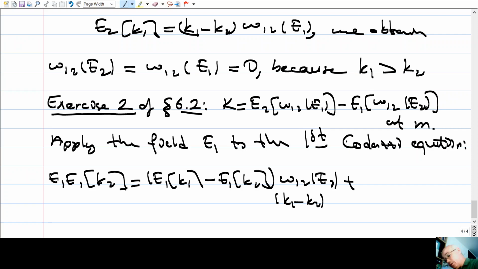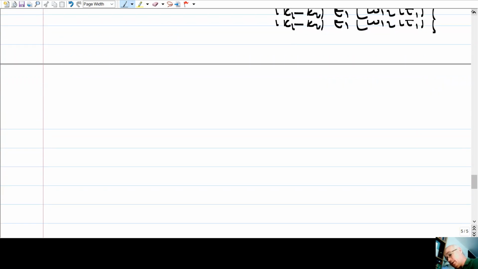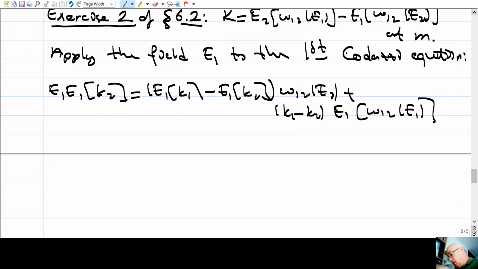What is E1 of this? So let me write first E1 of omega 1 2 of E2. This is a function, so I take the E1 derivative of this.